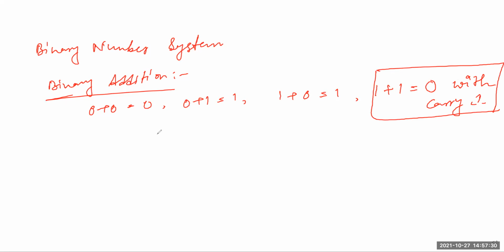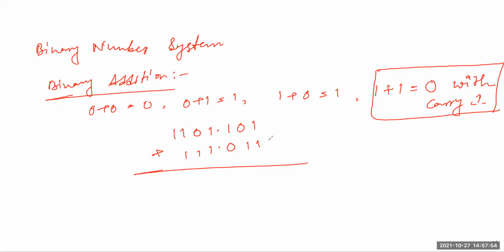So how does it work? Suppose I give you two numbers, 1101 and 1101, and I am just adding these binary numbers.